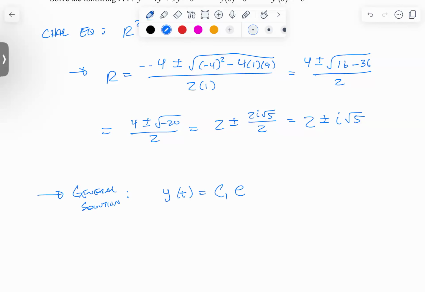So we have e's and then the exponents of the e's, which is always going to be the real piece. And then what is in the sine and the cosine?